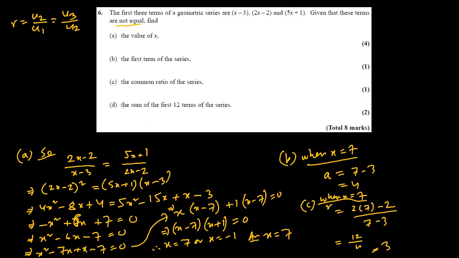Question number D is find the sum of the first 12 terms. Now, in GP, there is a difference between the two types of series. One is divergent and another is convergent. Divergent means the absolute value of r has to be more than 1. So if it was negative 3 or plus 3, doesn't matter. Ignore the sign and see what we have.